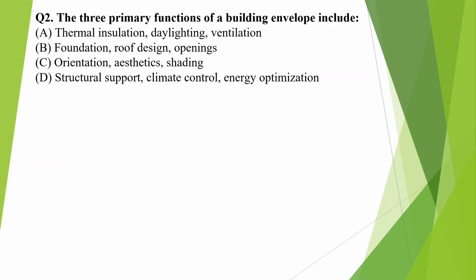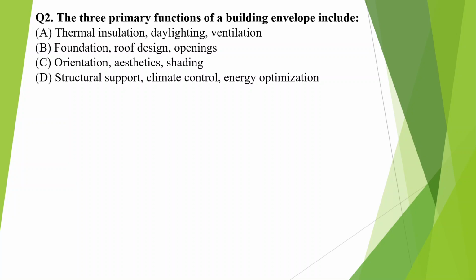And also it is helpful for energy optimization. This is a primary function, because if you're talking about energy optimization, then all the things come in, whether it is thermal insulation, day lighting or ventilation.